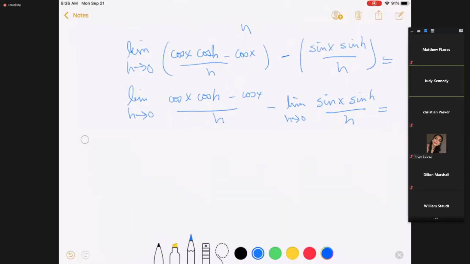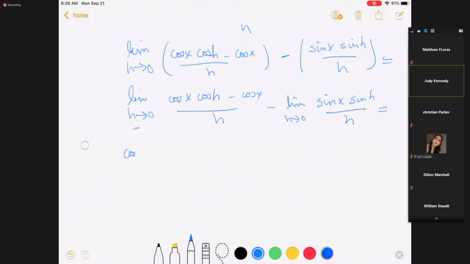And then, again, it's h that's going to 0. The h is changing, the x is not. So I can pull the cosine of x and the sine of x out.